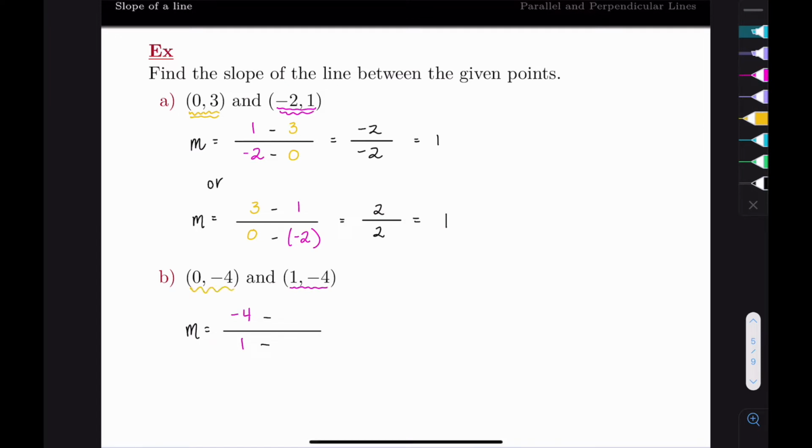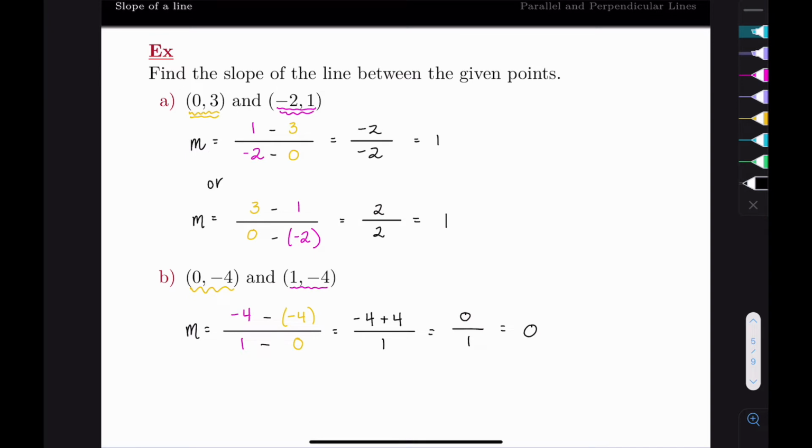And then we'll put this point second. -4 is the y value, 0 is the x. This really gives us -4 plus 4 in the numerator. 1 minus 0 in the bottom is 1.